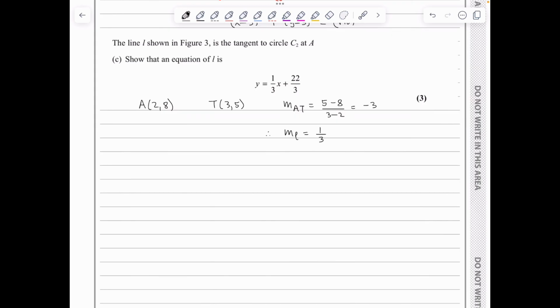We also know that we pass through the point (2, 8), so I could use y minus y1 is m times x minus x1. So we have that y minus 8 is a third of x minus 2. Remember, I'm trying to match exactly the form shown here, so I will proceed in expanding. y minus 8 is a third x minus 2 over 3, which leads to y is a third x plus 22 over 3, which is exactly what I had to show, as required.